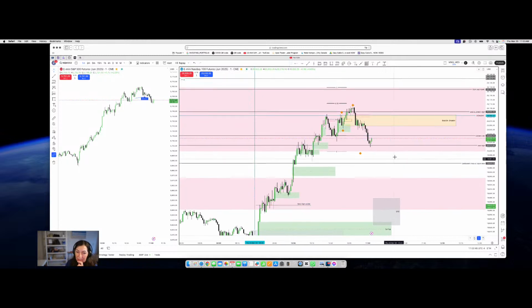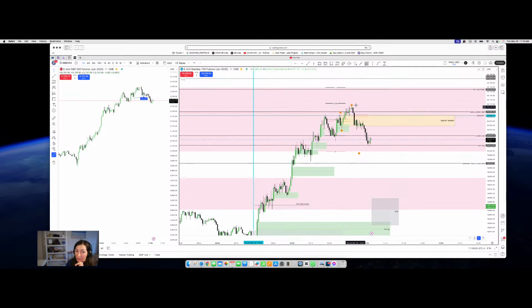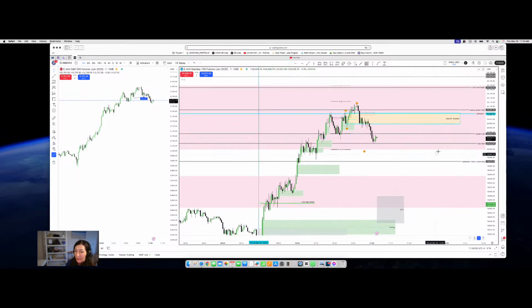And I would rather take my profit. If price comes back up into the bearish breaker, I'll enter the trade again. But I don't want to ride that wave up and down because then my stop loss would have to come up here. Truly, a stop loss needs to come above the bearish breaker. But for me, I'm trading with a small account. I'm only trading with 1 mini.